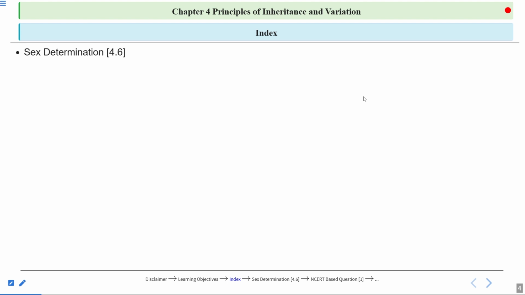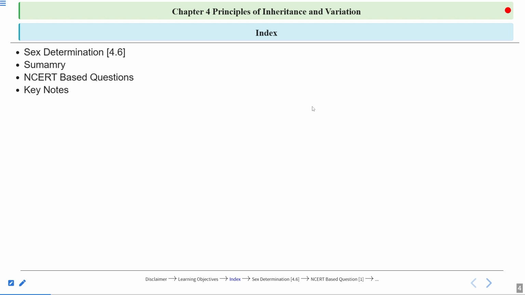What we will be studying today is sex determination, which is NCERT section 4.6. Then we will summarize this entire lecture and discuss some NCERT based questions. In the end, we'll discuss some keynotes, which will help you memorize the concepts in this topic, sex determination.